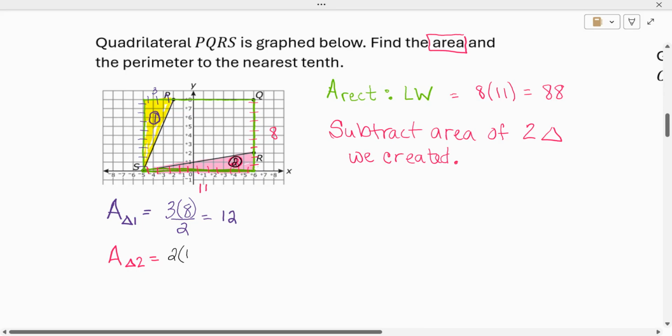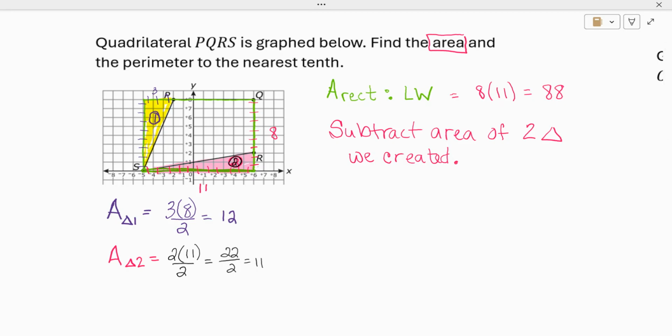So 2 times 11 divided by 2. So 2 times 11 equals 22. And 22 divided by 2 is what, Owen? 11. Okay. So by turning that quadrilateral into a rectangle, we actually added 2 triangles. We have to subtract them out.